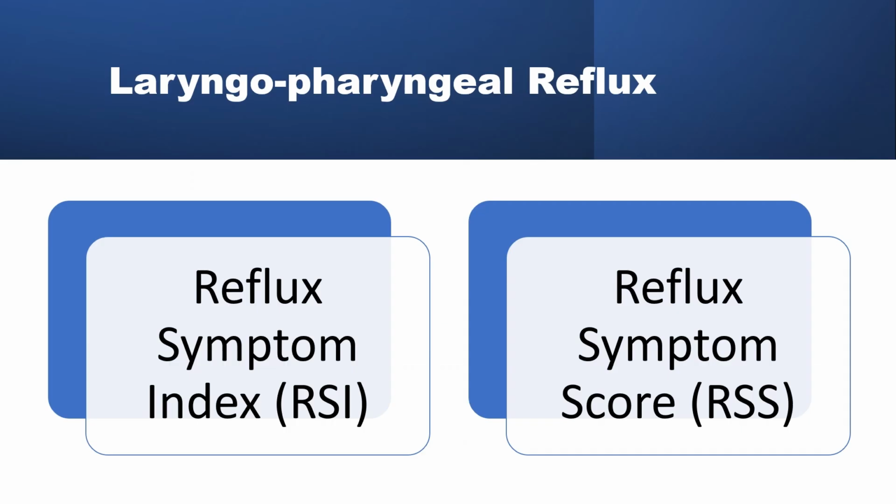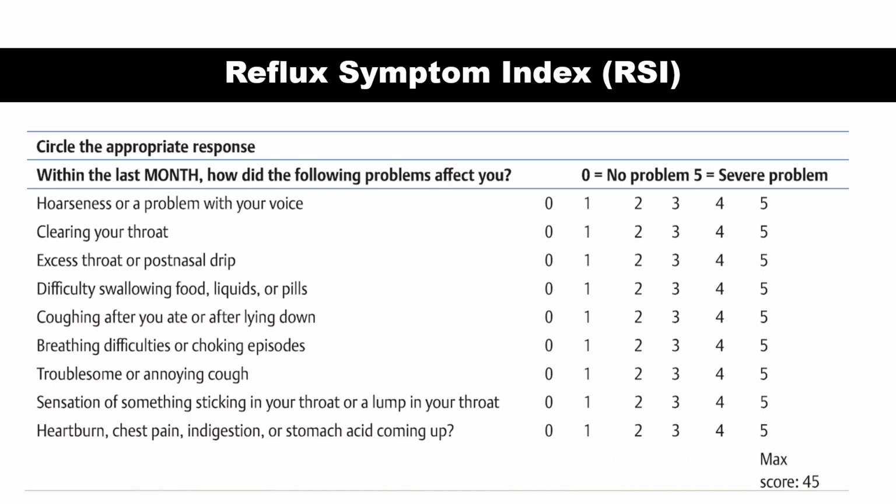And now, laryngo-pharyngeal reflux symptoms using two scoring systems, either the Reflux Symptom Index or the Reflux Symptom Score. One such validated symptom scheme is the Reflux Symptom Index, the RSI. This is a 9-item questionnaire filled out by patients.